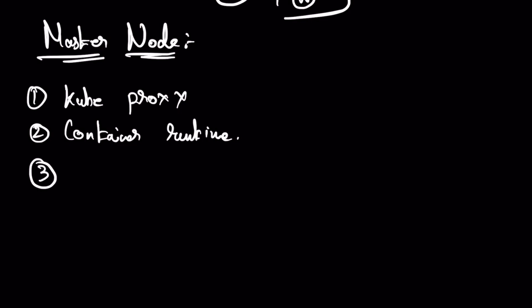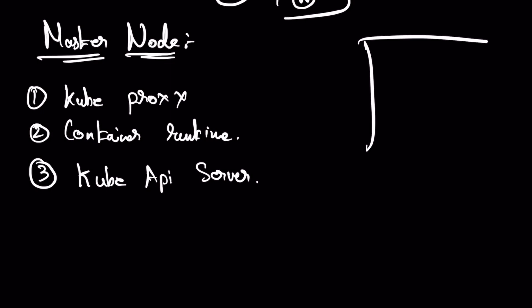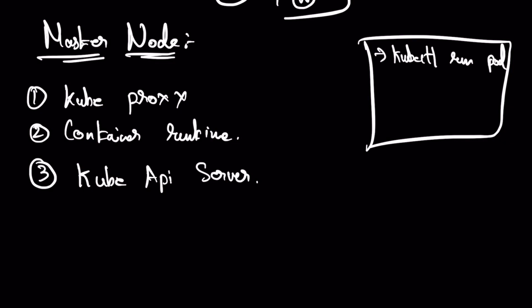And now, the first actual component of the master node or the control plane, which is the kube API server. So we have a shell terminal running and we execute commands like kubectl run pod.